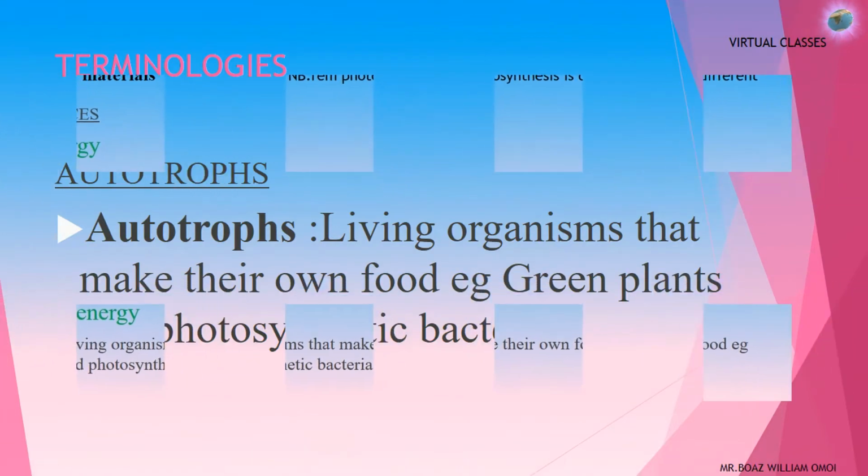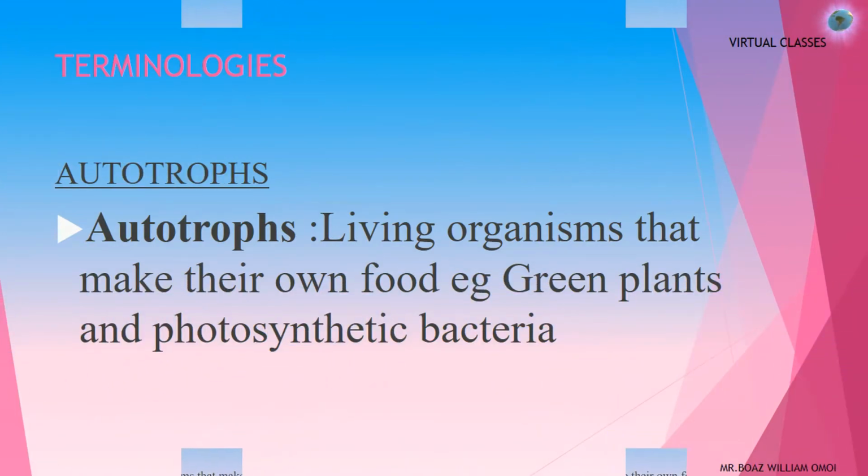Now there is another term I wanted to talk about: autotrophs. We have said autotrophism is a mode of nutrition. Then we have this term autotrophs, from the word autotrophism. When we are talking about autotrophs, these are living organisms that make their own food.